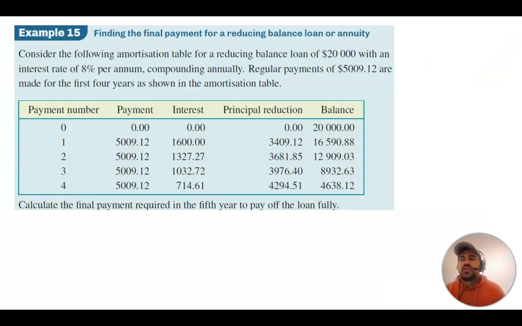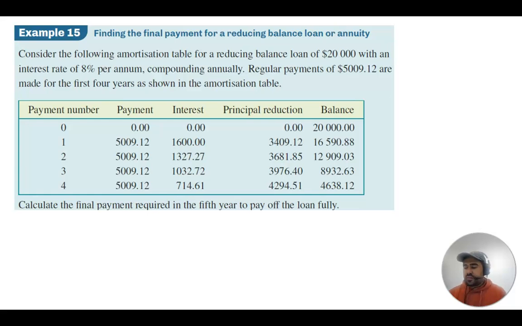So jumping straight into example 15, hopefully by now you've got the notion of how amortization tables work. Here we have an example for a $20,000 loan. This has an interest rate of 8% per annum compounding annually. And this is going to look a little bit unusual, but there are regular payments of $5,009.12.